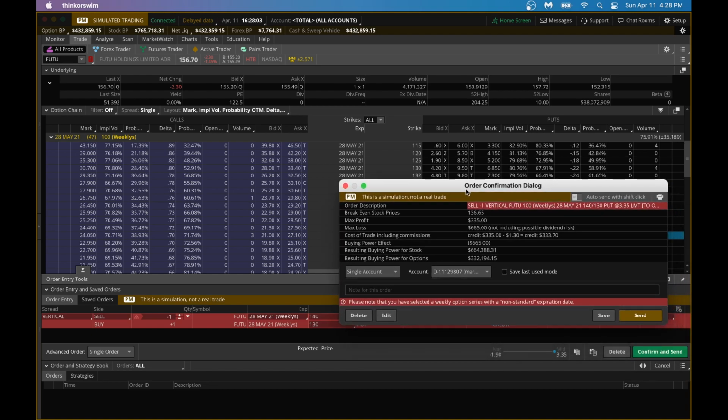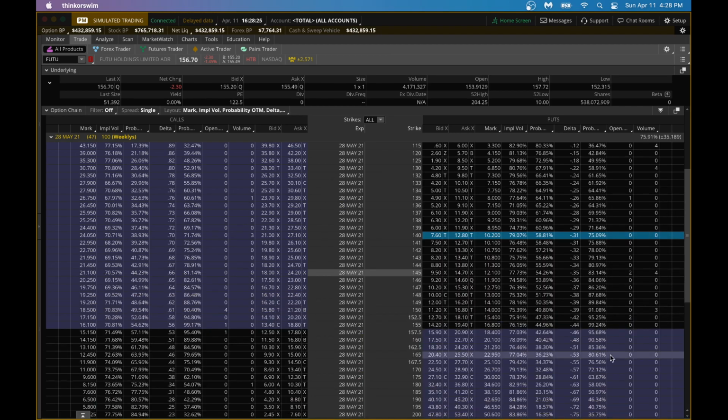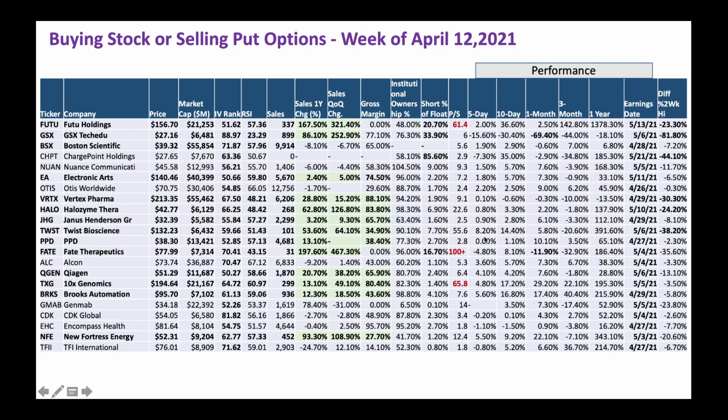If you want to sell put option, you could do like this, but I would wait to sell put option. I want to see IV rank going up a little more, so that then it could be a good time to sell put option. But you could buy the stock outright because you don't need to worry about volatility in that scenario. So with that, let me delete this and let's look at next idea.